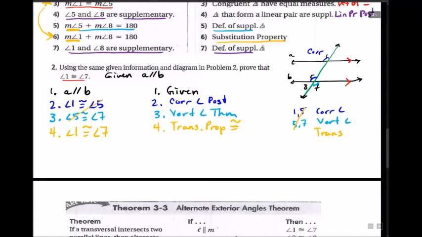Lets me mash those together. And I'm done. So we didn't need to use our definition of congruence, but we should always be thinking that it's there. We can go to our angle measures if we need them.